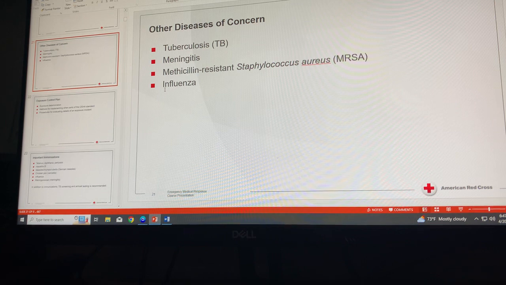All right, so next we have methicillin-resistant Staphylococcus aureus. MRSA is a type of bacterium, one of the staph bacteria.